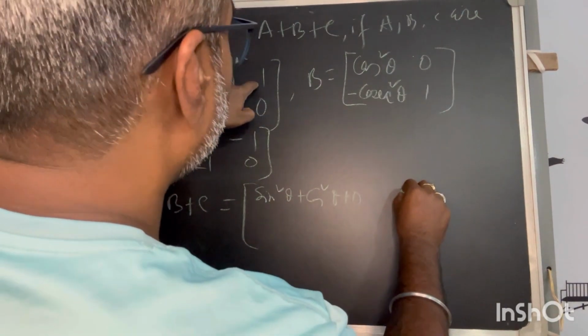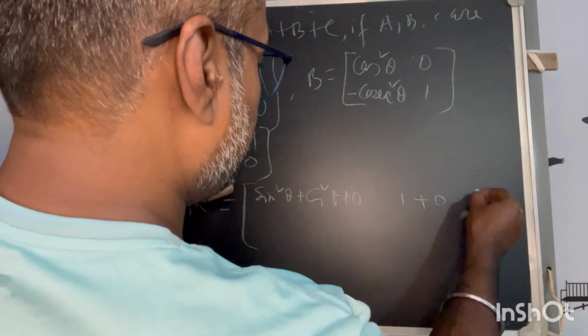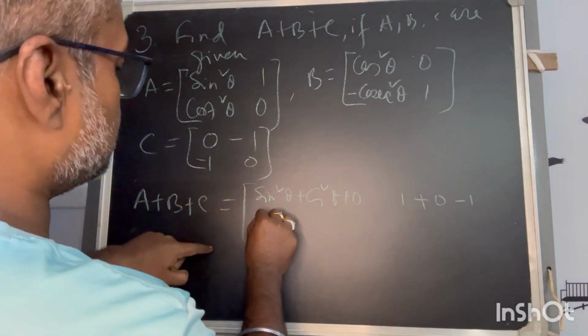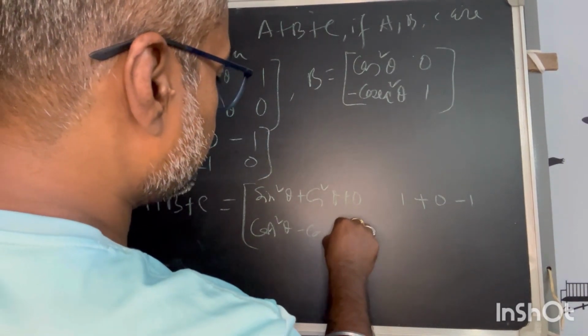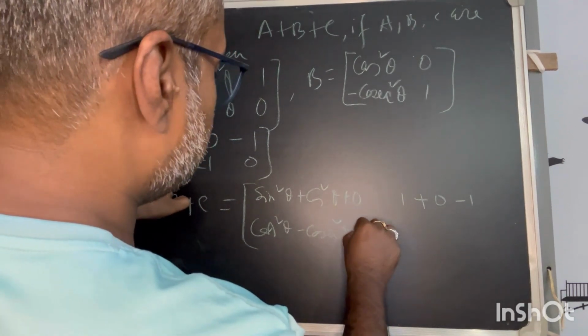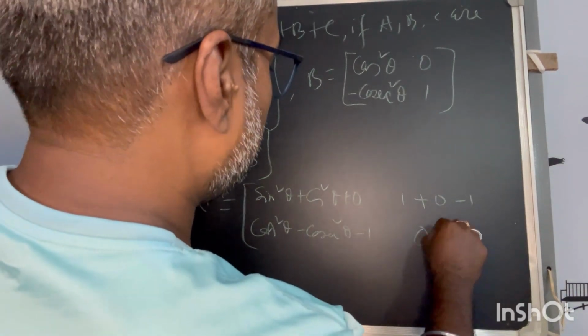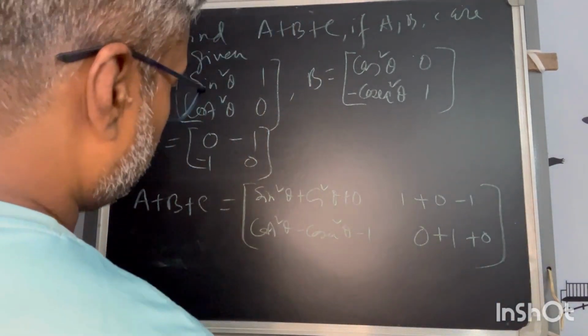Second term is 1 plus 0, and this is minus 1, plus minus 1 means minus 1. Again this is cot square theta minus cosec square theta, plus minus 1, and here 0 plus 1 plus 0. So this is the result.